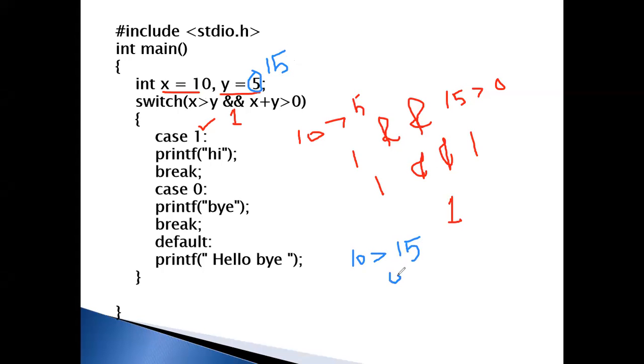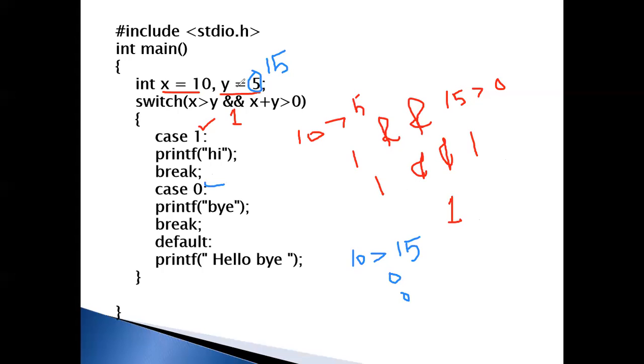False is 0. It will not test the second evaluation, x plus y greater than 0, because in an AND operation, if any one condition is logically 0, the second is not tested. Simply, it gives the output 0. Already you know this logic. The output is 0, so it selects case 0.